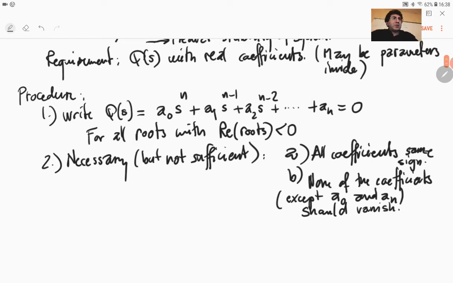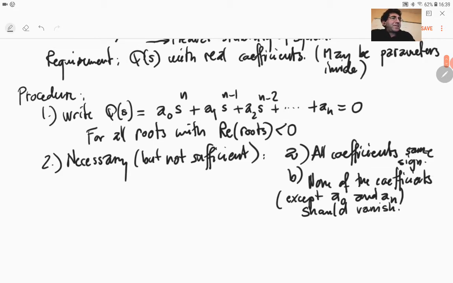Okay, so what does that mean? That means that if any one of the coefficients has a different sign, we cannot have a stable system. That means we don't have real parts of all the roots smaller than 0. So that's a necessary condition. We should have all coefficients with the same sign.